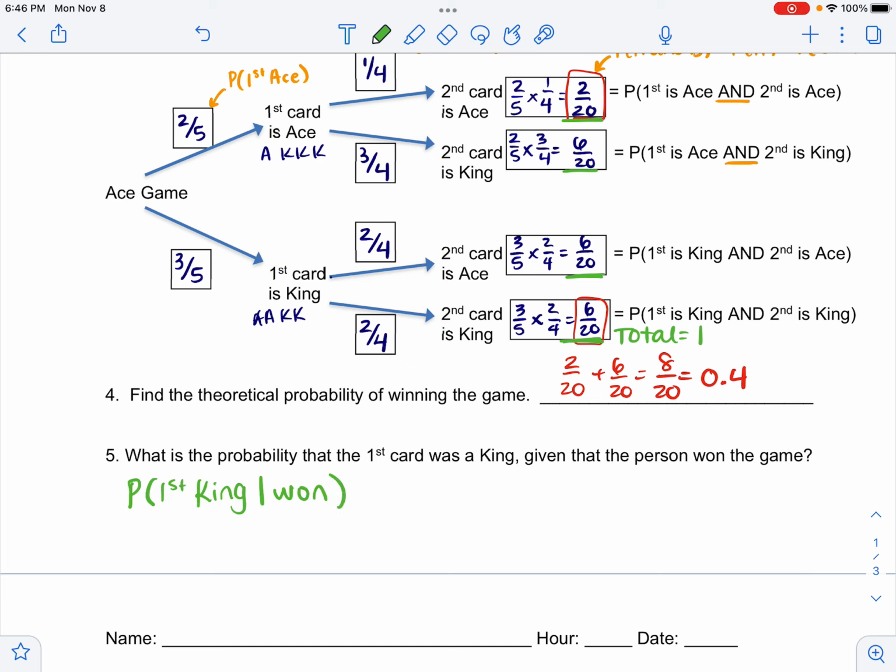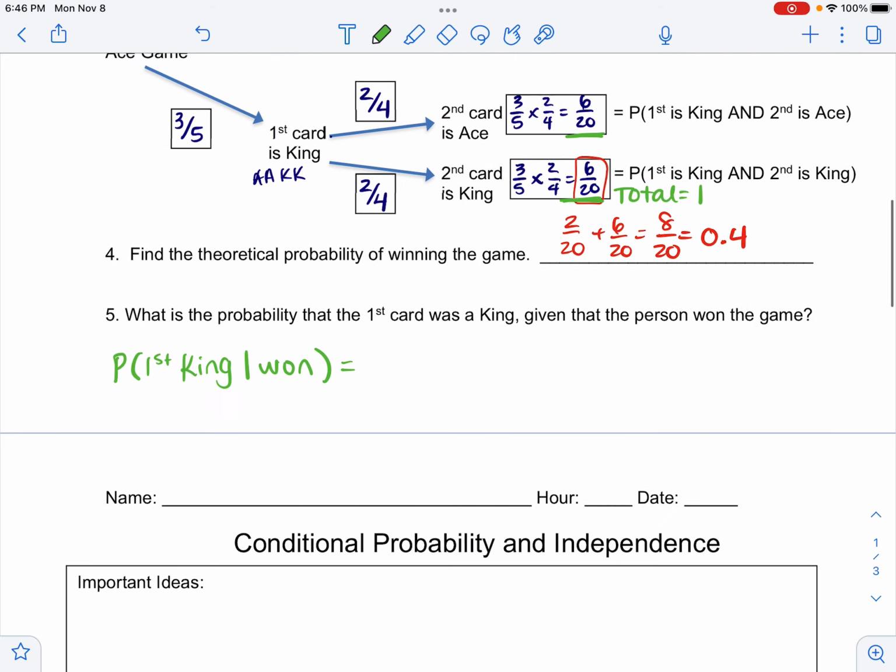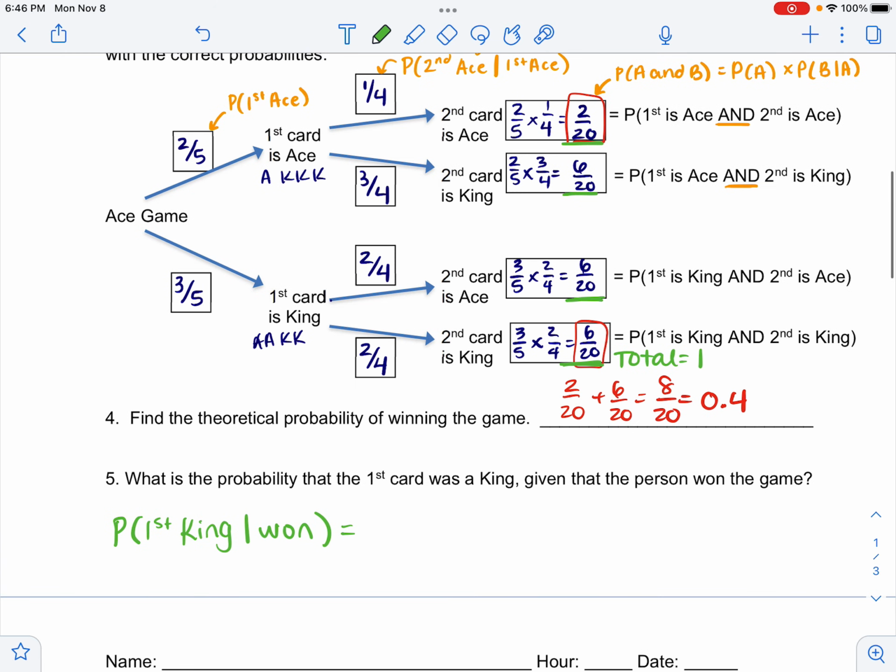Now, in order to find this probability, it'll be helpful to use our conditional probability formula, right? So that's where we find the probability of A and B and divide by the probability of B. So this is equal to the probability of first king and win.